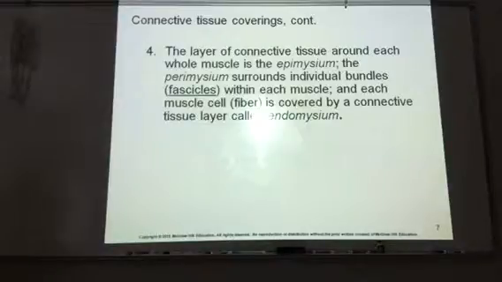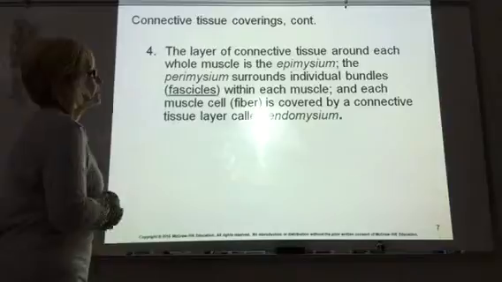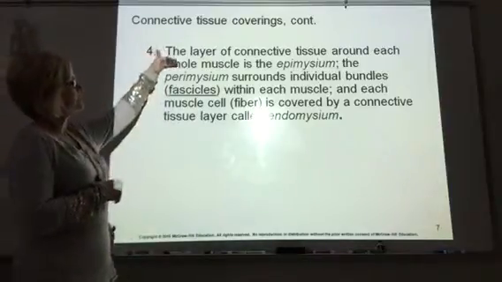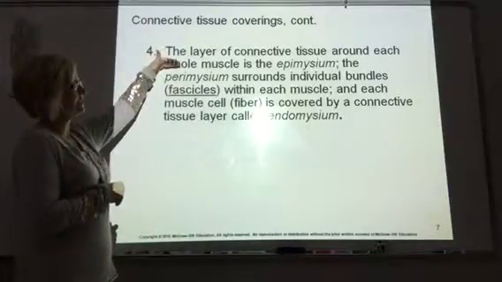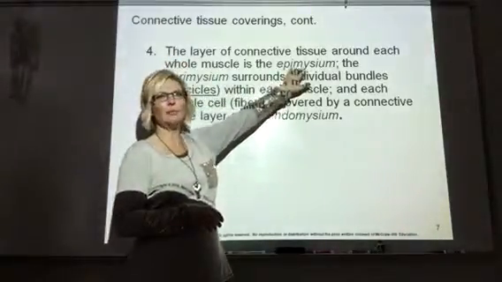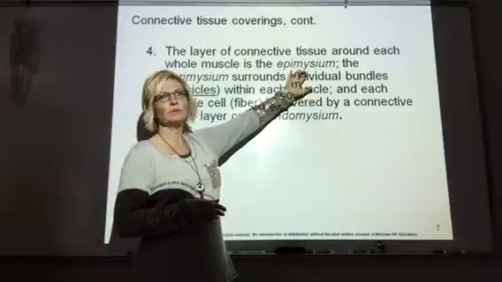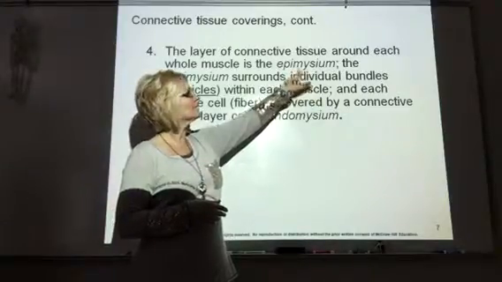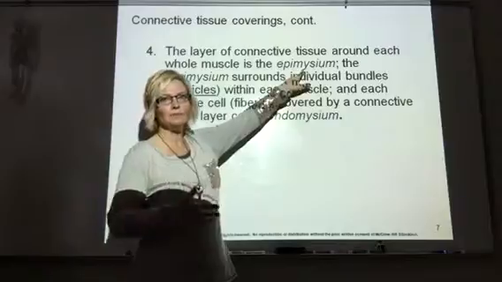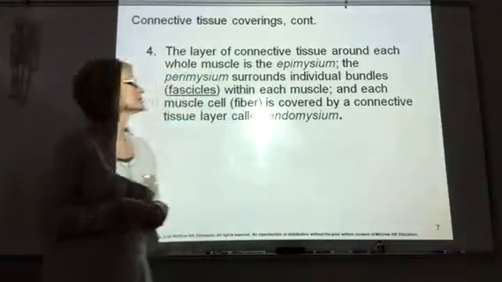Within the muscle, we have different layers again. If I look at the whole muscle, epimysium. Myo is going to deal with muscle. So whenever I see that, typically that's going to deal with something in the muscular system.